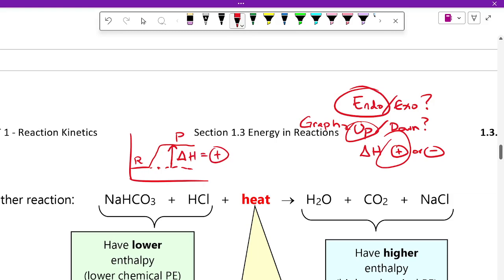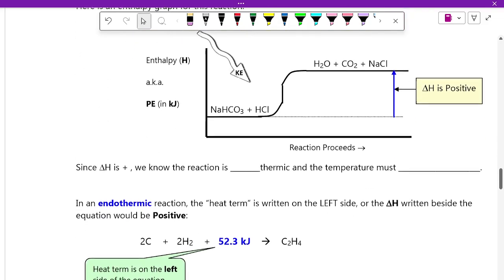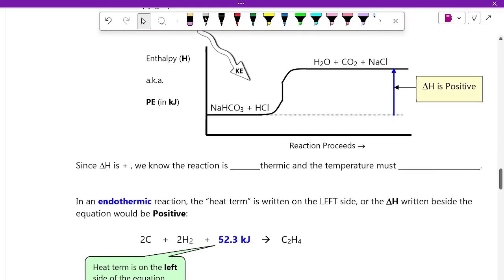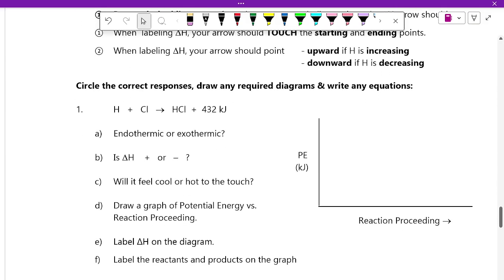If you know that for endo the graph goes up, that's going to help you determine the sign of delta H. There's our graph. Kinetic energy comes in. It's transformed into potential energy. The heat term is on the left side. We've talked about that already. And then we've got some exercises.